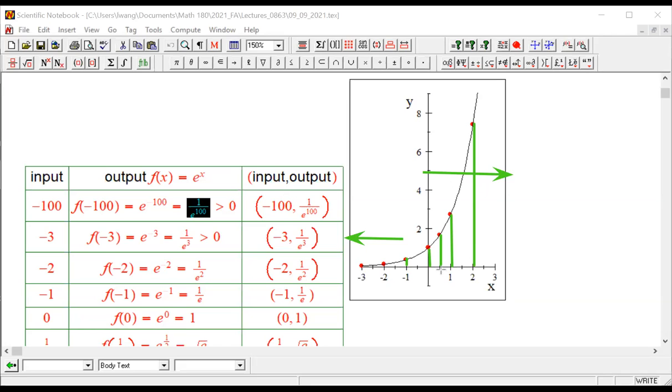So as our input gets larger and larger in the horizontal direction, our output gets higher and higher. In the other direction, as x approaches negative infinity, those red dots, those green heights, the green bars, are going to get shorter and shorter and shorter, never becoming zero, always larger than zero. Does that sound familiar?